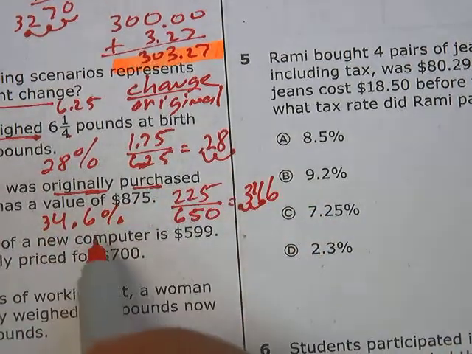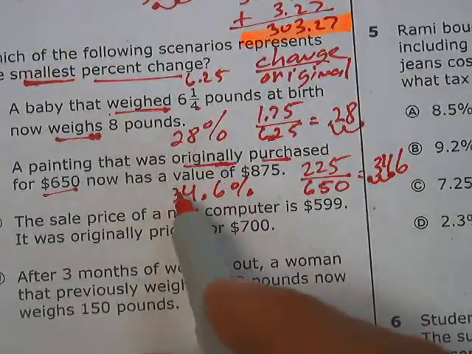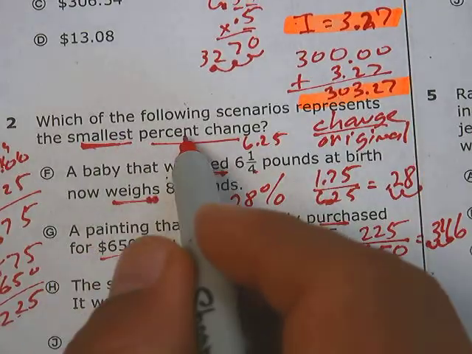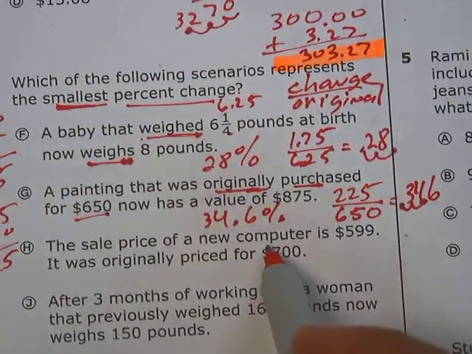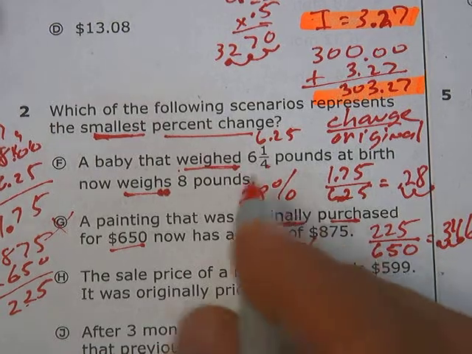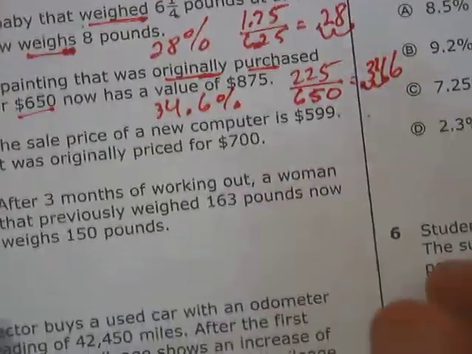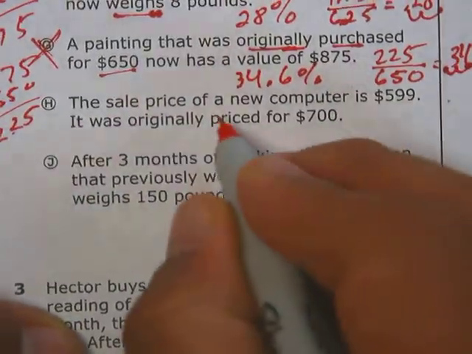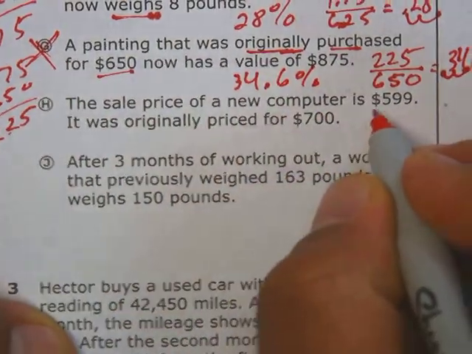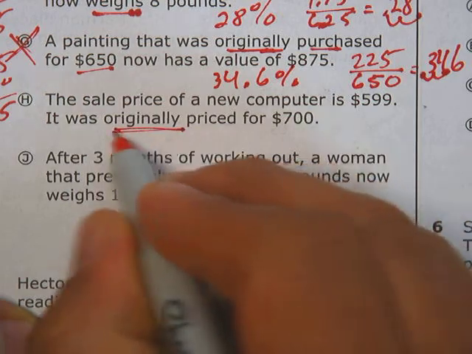How do you make this a percent? You move the decimal 2 places, so you get 34.6%. Now ask yourself, which one could be the answer if you're looking for the smallest percent change? Obviously this one is already out because 28% is less, so I know the answer cannot be G. Now you go to the next one there.